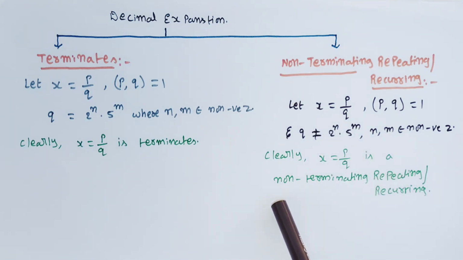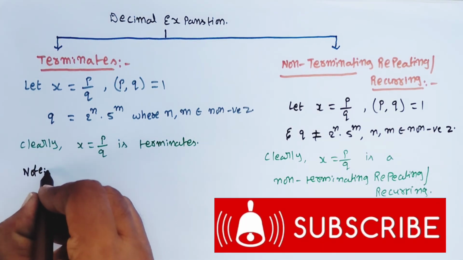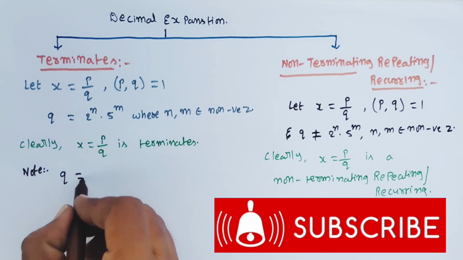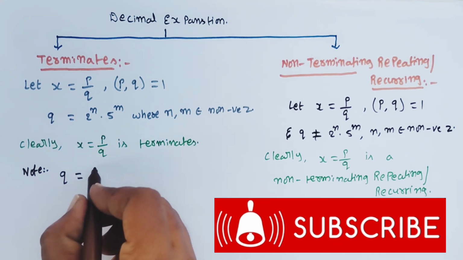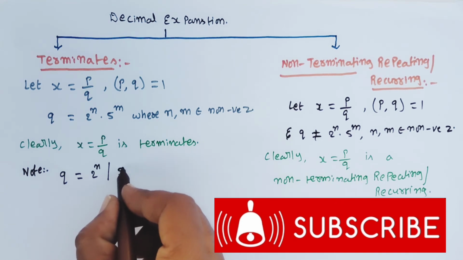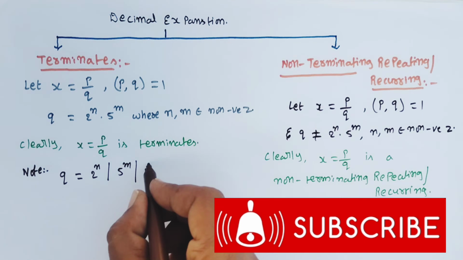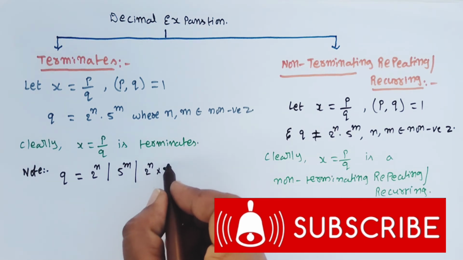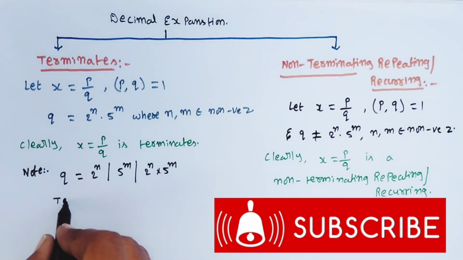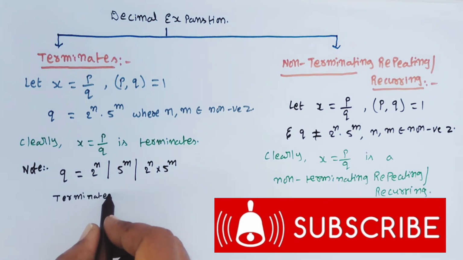Clearly here x equals p by q is a non-terminating repeating decimal. Now we note: if the denominator q converts into purely 2 power notation or 5 power notation or the combination of 2 power n into 5 power m, then clearly that is a terminating decimal expansion.